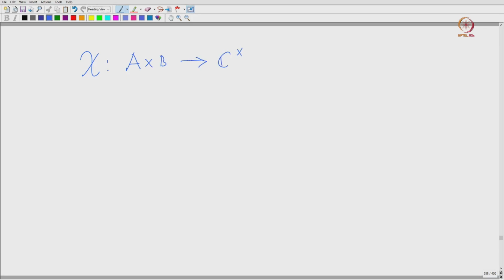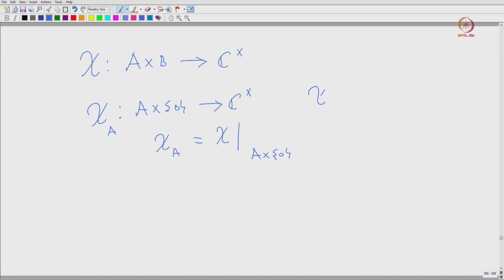We can restrict this homomorphism to the two copies, one copy of A, that is A cross 0, where 0 is the identity element of B. Let us call this chi A, which is just chi restricted to A cross 0.